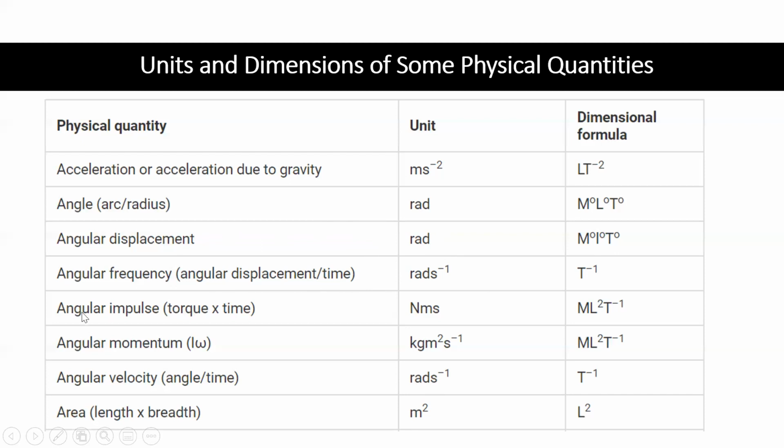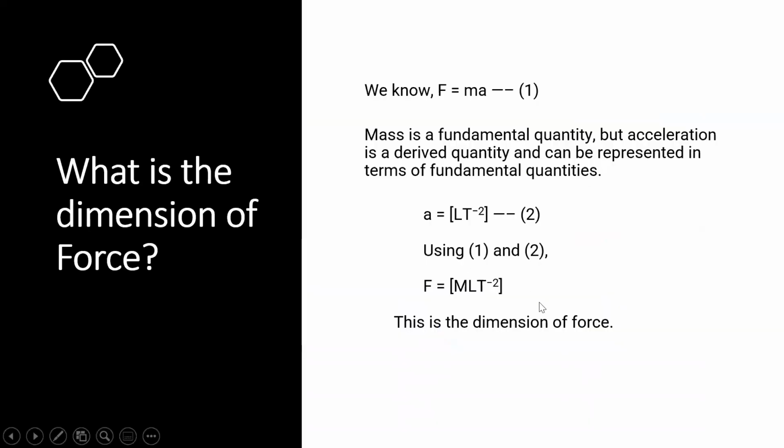So angular impulse. Angular impulse means torque into time. What is torque? Torque is force times distance. Force we already saw, it is M L T raised to minus 2. We have already derived the expression for force.